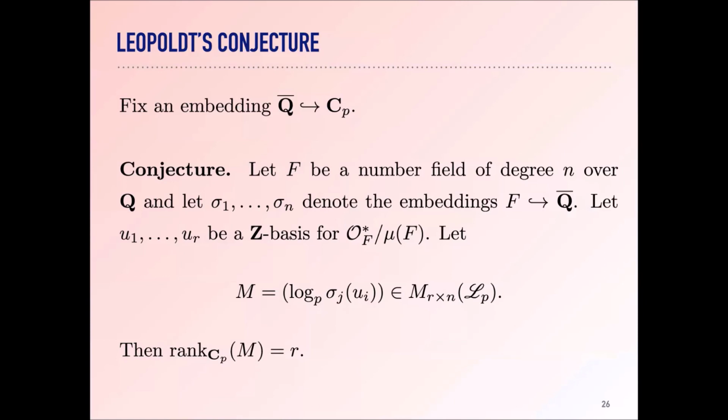So let's fix an embedding of Q bar into C_p, which is what some people call the p-adic complex numbers. You take the algebraic closure of Q_p, and then you take its completion.